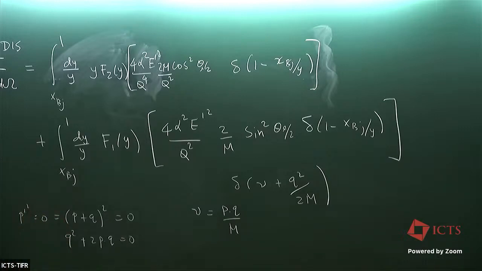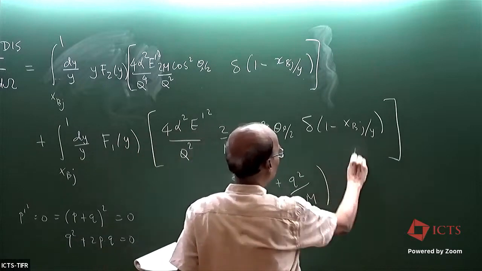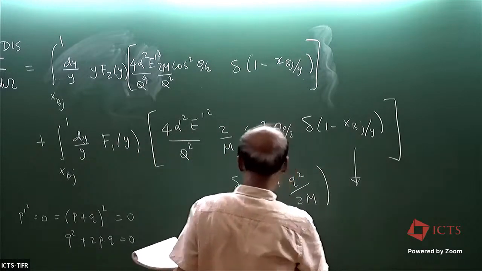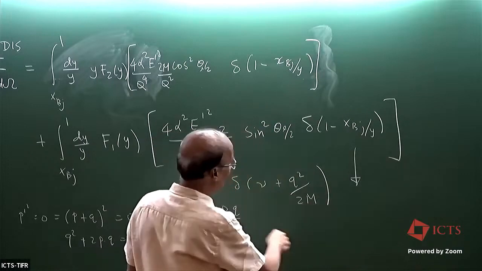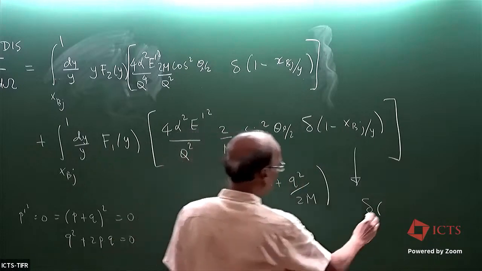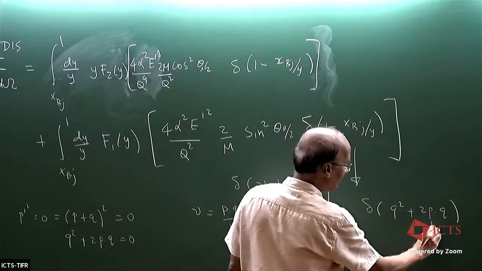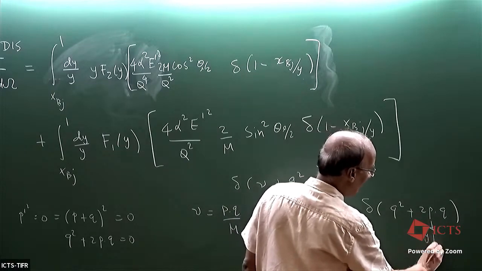Now they get related if you assume that this entire DIS is related to these elastic scatterings. So what does this small 1 minus x_Bj mean? This factor basically means that it's exactly the same delta function, delta of q square plus 2p dot q, with p replaced by y times p.